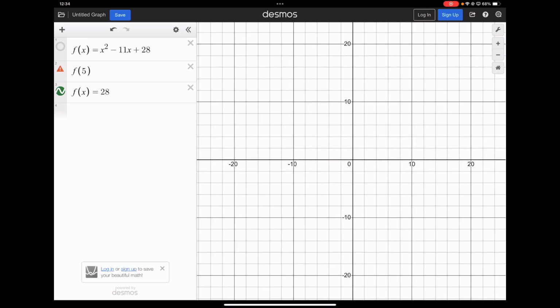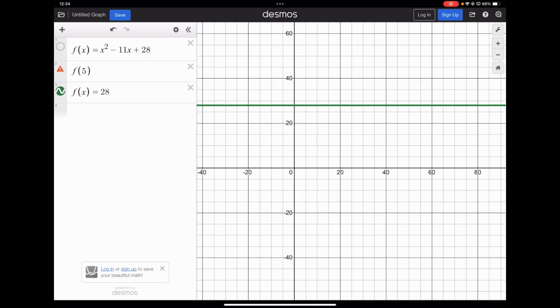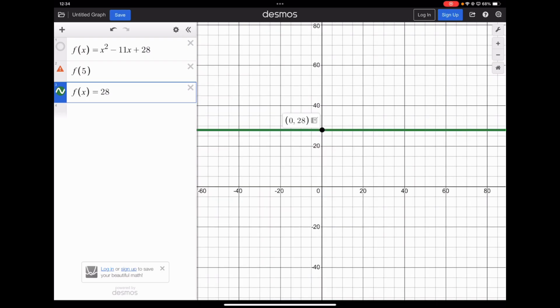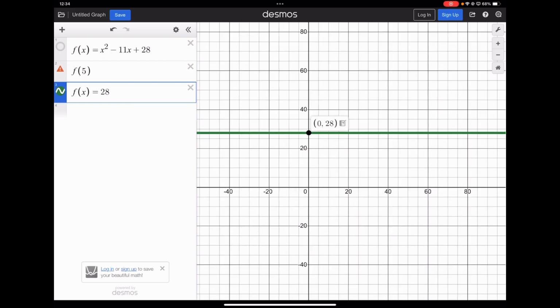Let's zoom out. Does it do it? It does, but it only gives me, no, it doesn't. It draws f of x equals 28, so no, it doesn't solve the equation for me.